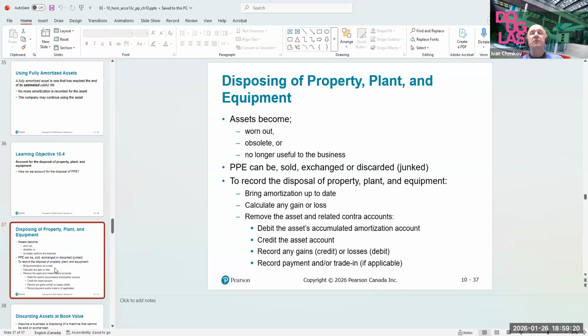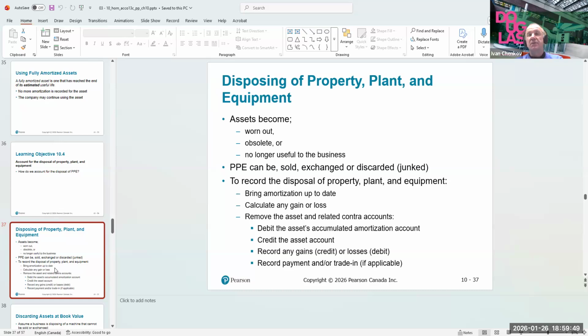Then we have to start doing some calculation. And what will be the calculation? We're going to check how much is the original cost of the asset. Then we're going to check how much is the accumulated amortization amount up to this point. The difference is going to show us the unamortized amount, or the amount that we're waiting to amortize and transfer as a cost to expenses.